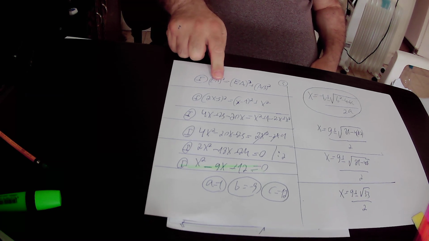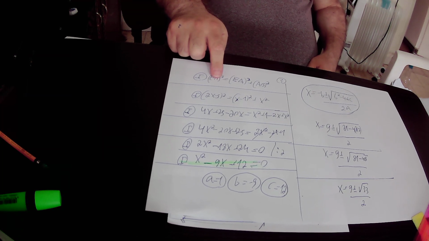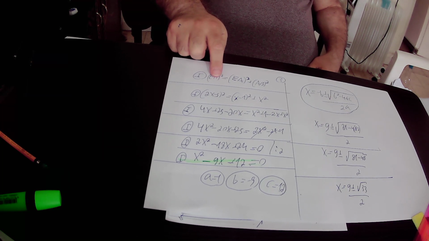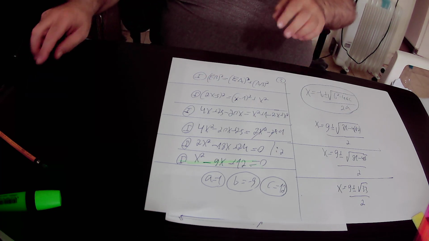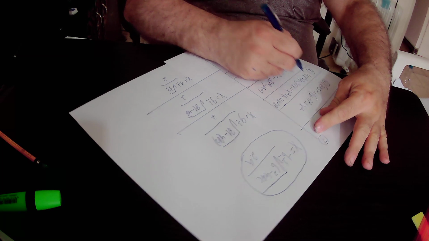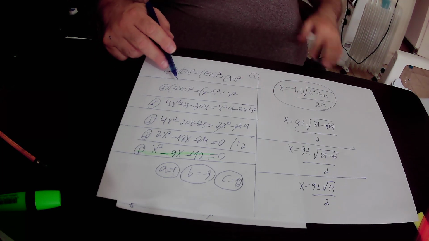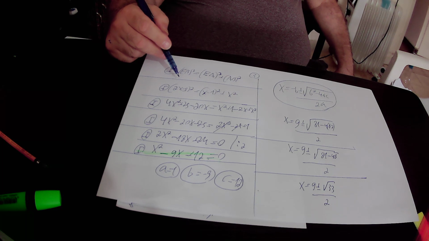We open the brackets on both sides of the equation according to the algebraic identity that (A minus B) square equals A square plus B square minus 2 times AB. So here (2X minus 5) square equals (2x) squared, that is 4x squared, plus 5 squared, that is 25, minus 2 times 2x times 5, 2 times 2 is 4, and 4 times 5 is 20, so it is minus 20x.